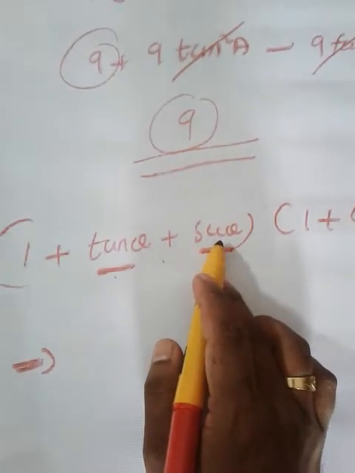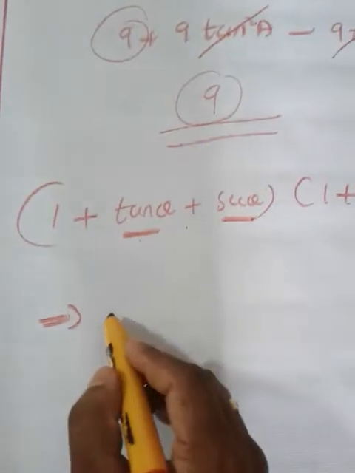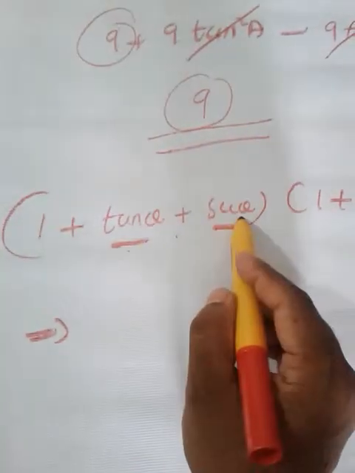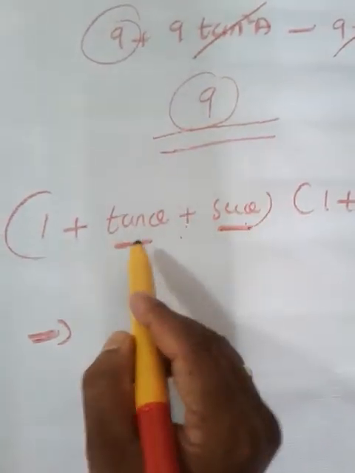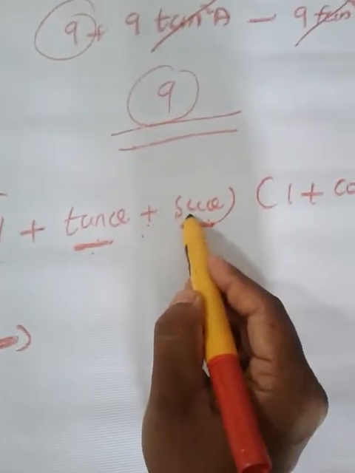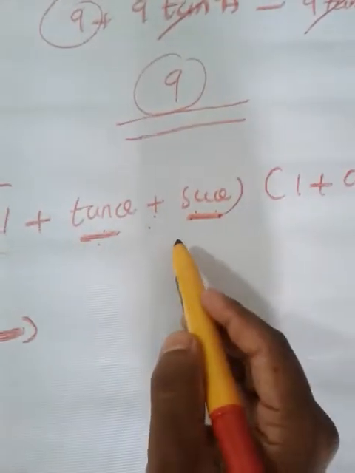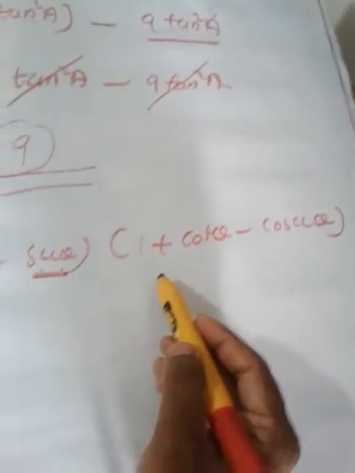I use the words most of the time; I cannot say all the time. Once again I am repeating, if tan and sec come together and in between the sign is plus, I can replace tan as sin by cos and sec as 1 by cos, the inverse of cos. Are you following me? Because the advantage is the denominator becomes the same, and here also the same most of the time.